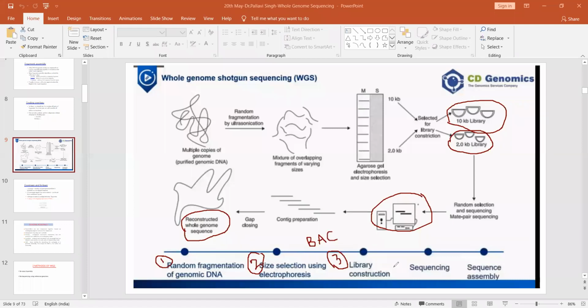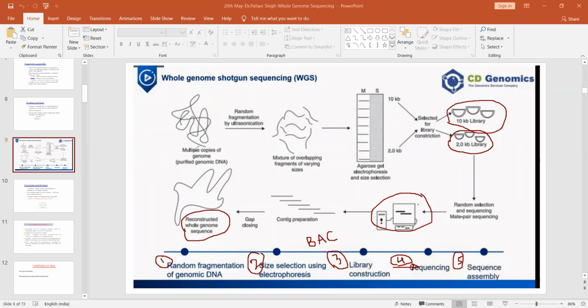And then you put it in the sequencing machine, and after the sequencing machine you will get the sequence assembly. You will get the genomic sequence of DNA which you wanted to sequence.